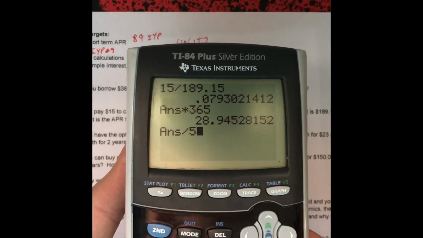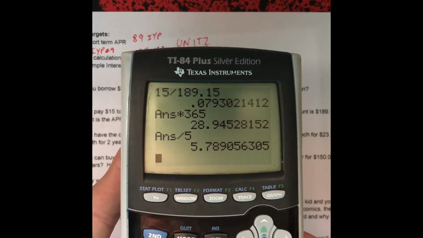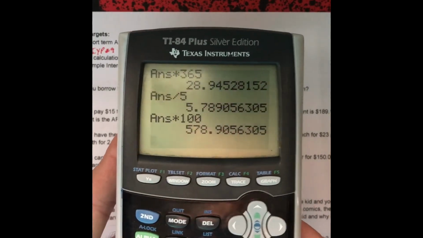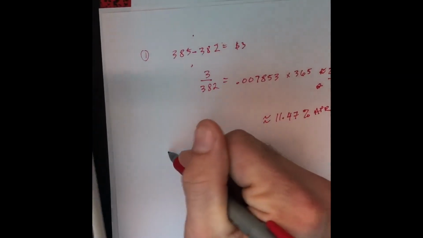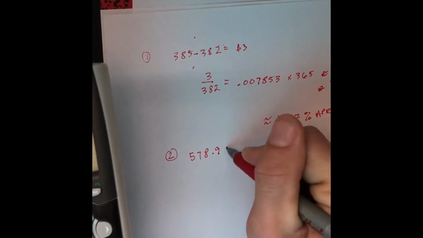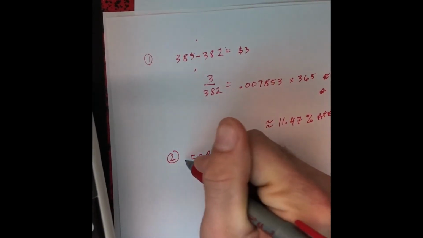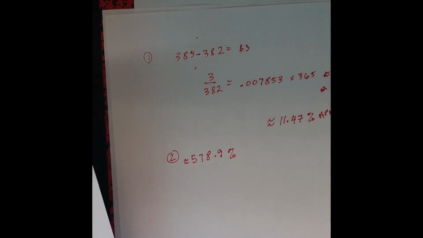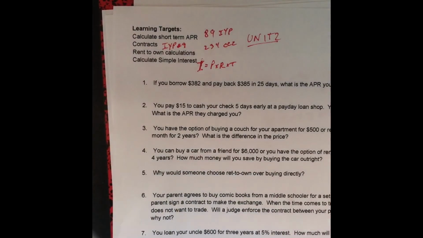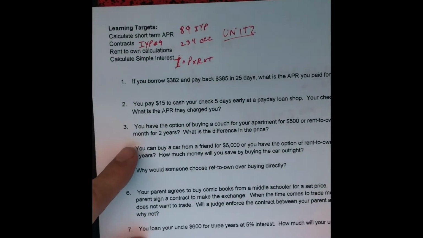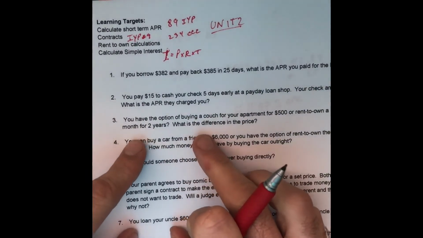So it's a 5-day loan, and then change that to a percentage, and you get approximately 578.9%. That's a really high APR to pay. Those payday loans are vicious. So what seems like $15 is actually very expensive.